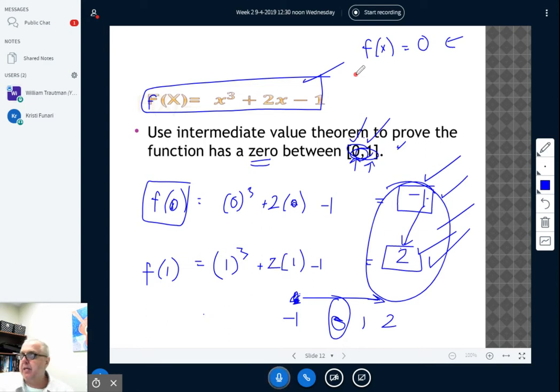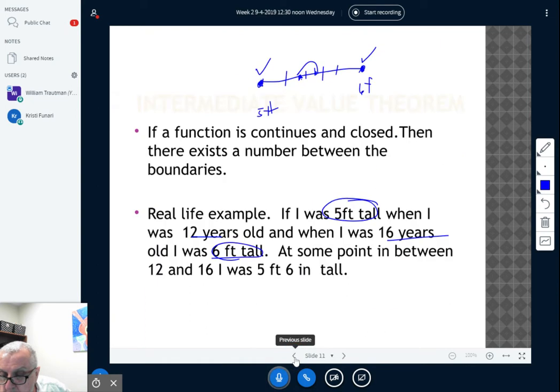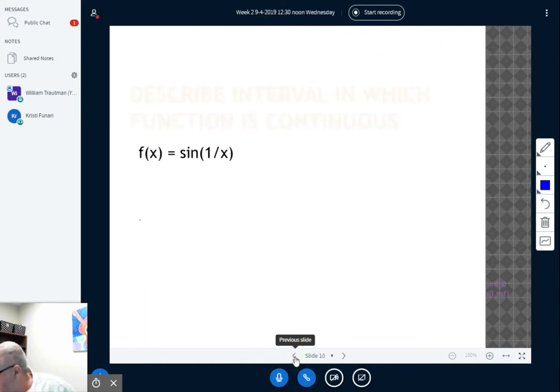And the same thing we talked about in real life: if you're at 5 foot and next time you measure yourself at 6 foot, at some point you were 5'6", 5'7". At some point you were somewhere in between there on the number line.